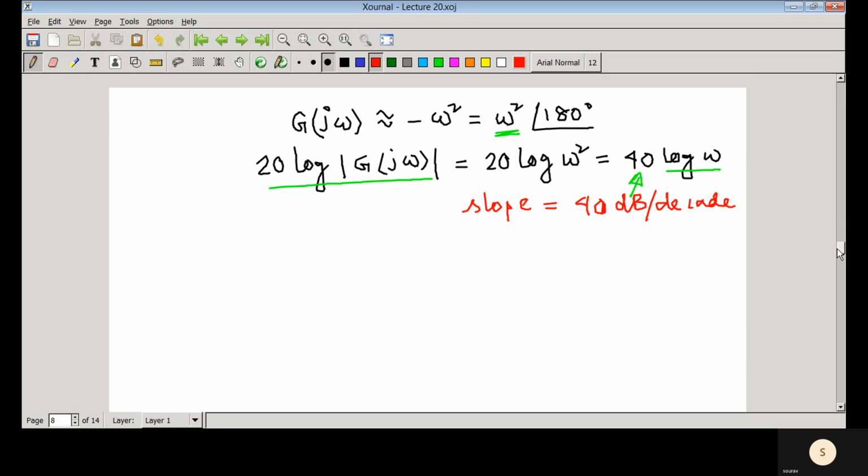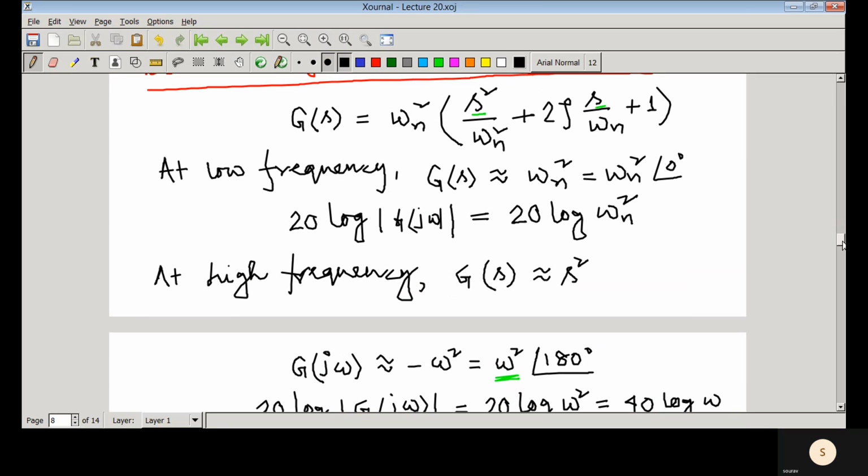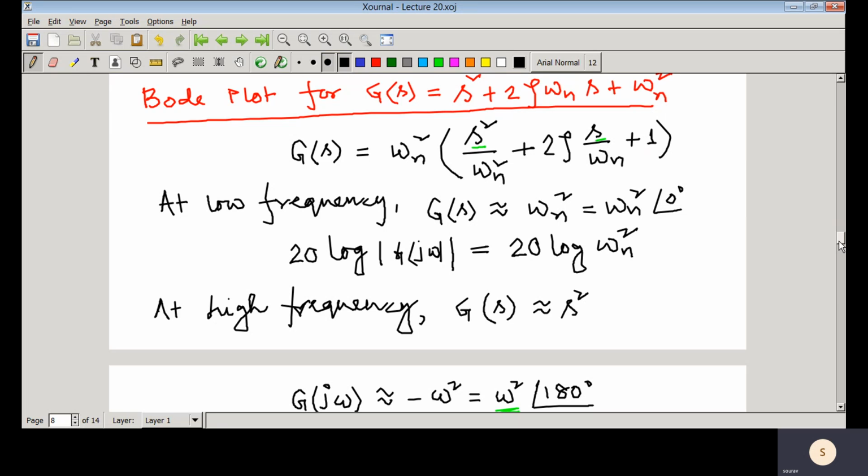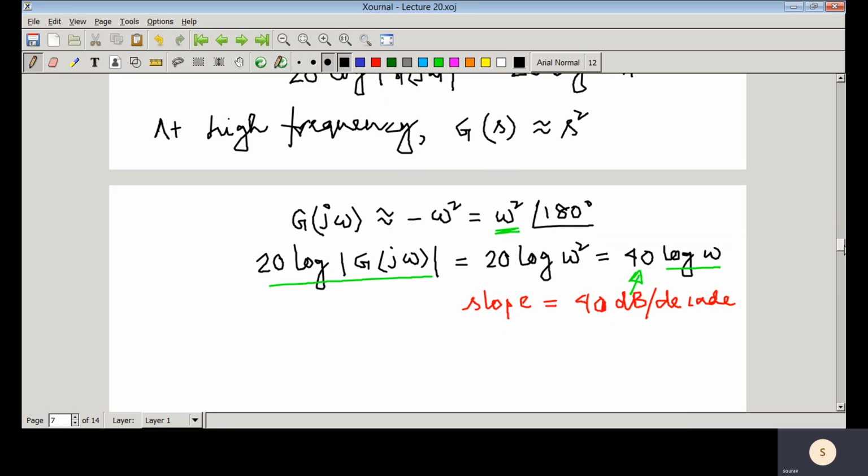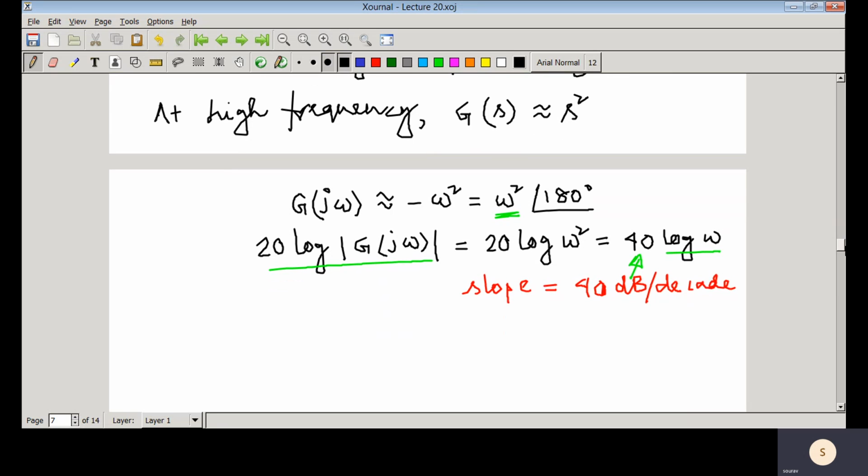And what would be the value whenever omega equal to omega n? Because you can see here that whenever omega equal to omega n, that is the natural frequency, then what would be its value?